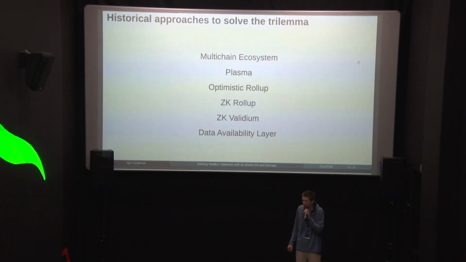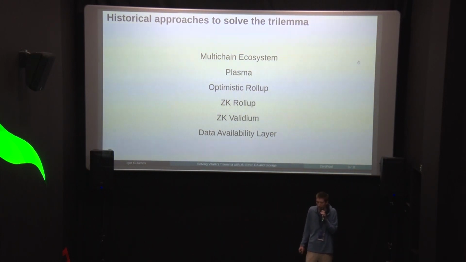The next evolution of ideas proposed in Plasma is optimistic rollup, and also there are ZK rollups and ZK validiums. The issue of rollups is that rollups don't scale the data.